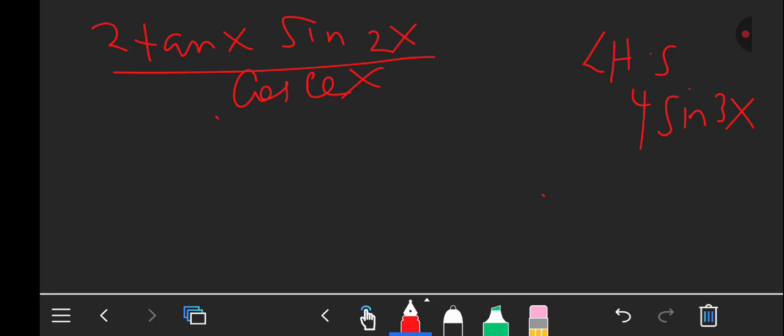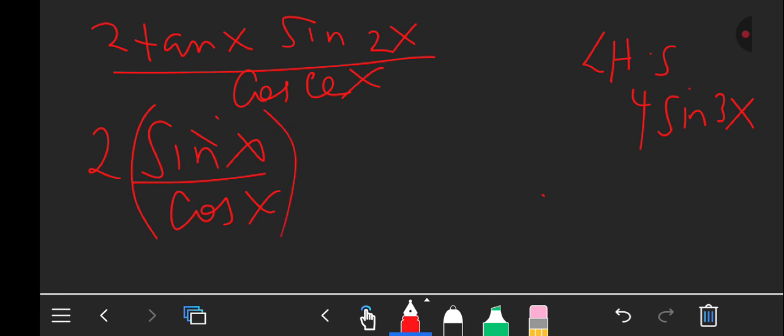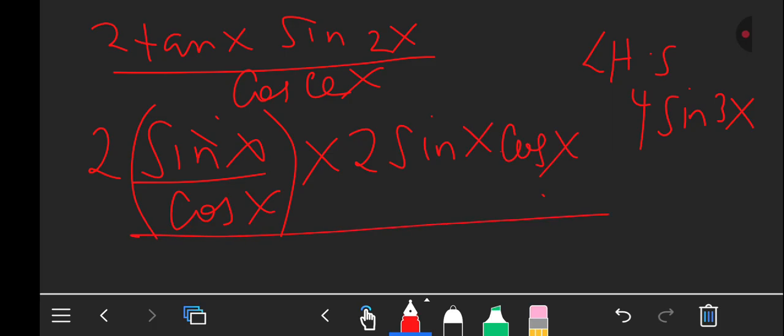Alright, so how can you manipulate this? So we know that tan is simply sine x over cos x. Then this is multiplying with sine 2x. From our identities, we've learned that it is 2 sine x cos x. Then we even know that cosec x is simply 1 over sine x.